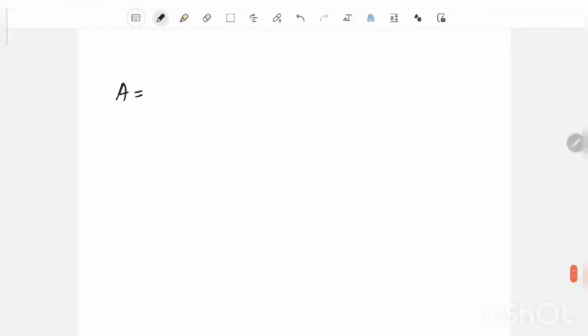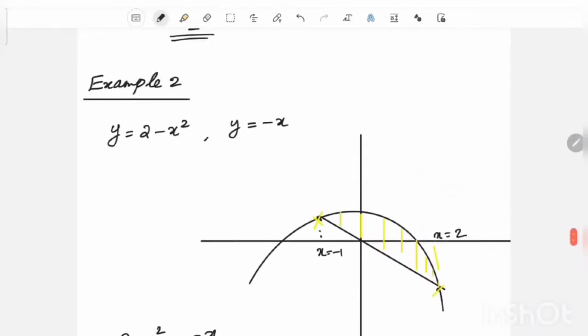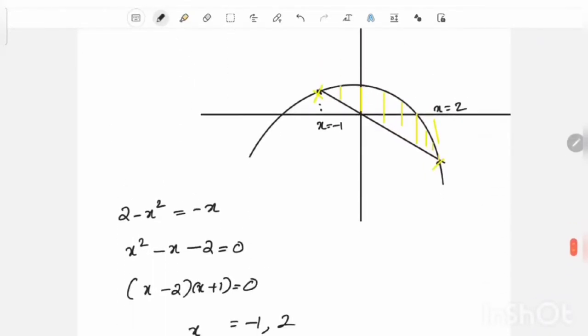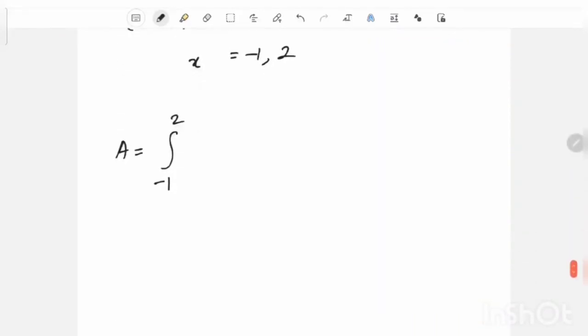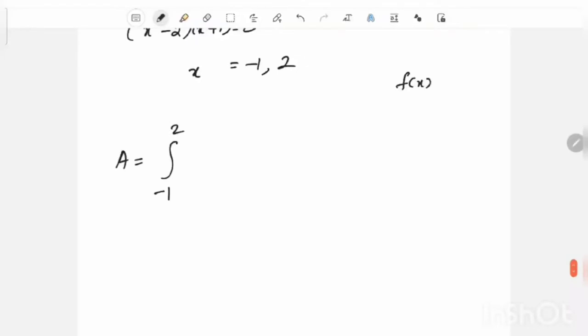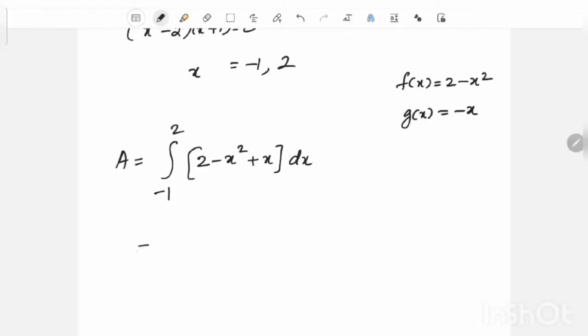A is equal to integral minus 1 to 2. Here the function which lies above is 2 minus x square. Therefore f of x is equal to 2 minus x square and g of x is equal to minus x. So we have 2 minus x square minus of minus x, that is plus x dx. That is 2x minus x cube by 3 plus x square by 2.